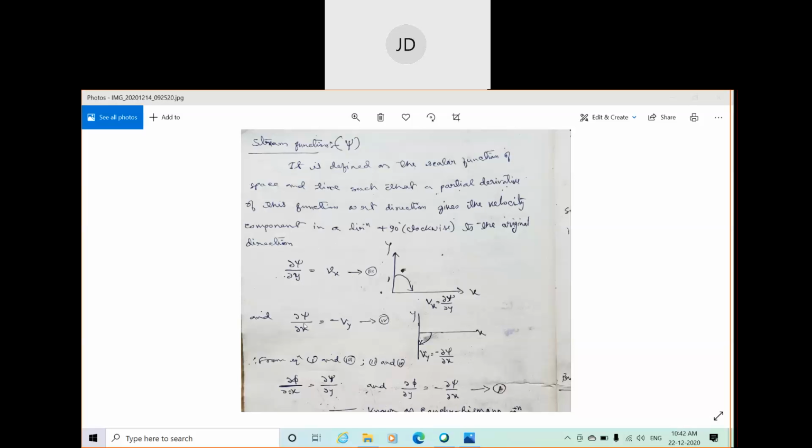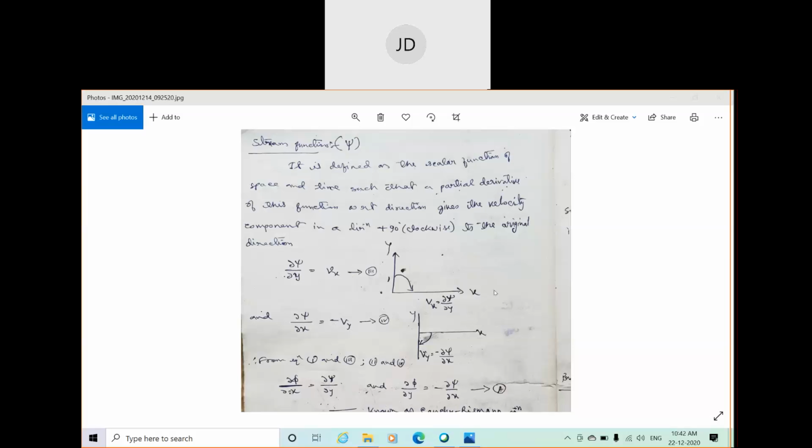Now if you derive stream function with respect to del x, you will get Vy, not Vx, but with a negative symbol. Now why is the negative symbol given here? Because we have to consider the clockwise as positive.